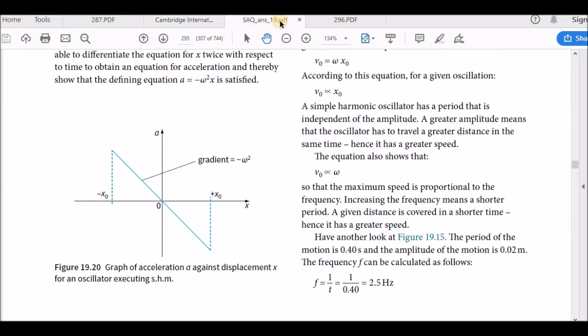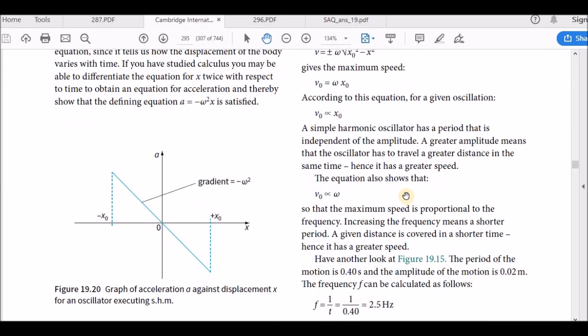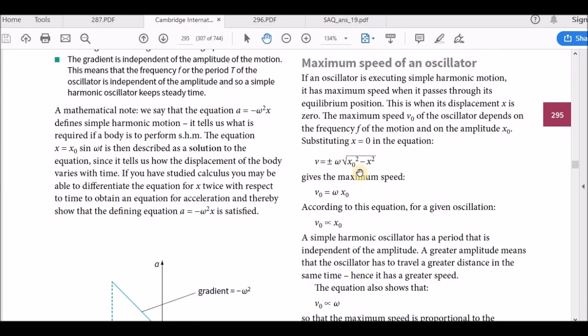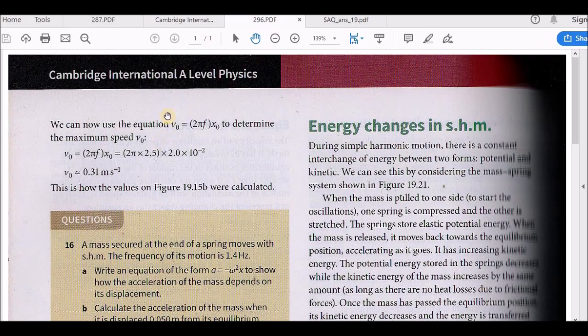Page 296, right? Okay, so we can use the equation v naught is equal to 2 pi f x naught, because v naught is omega x naught, this equation, this one, that is when the displacement is 0, where you get the maximum velocity. Okay, you get the maximum velocity when the displacement is 0, so that's how you get this equation.